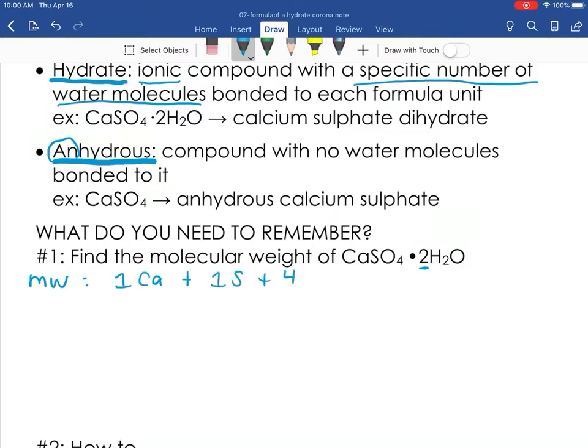So we have 1 calcium, 1 sulfur, 4 oxygens in the calcium sulfate, and then there are 2 waters. Maybe you even have memorized now that the molar mass of water is 18 grams per mole because we use it so often. So you could do 2 times 18, or you could do 4 hydrogens and another 2 oxygens. So this 2 has to be distributed, okay?